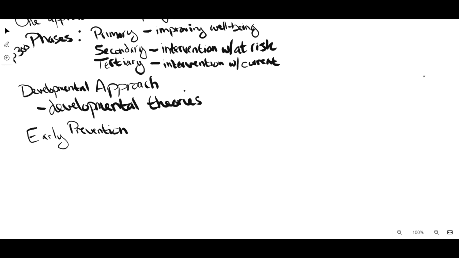But obviously, early prevention as a design, as a hope, varies widely.